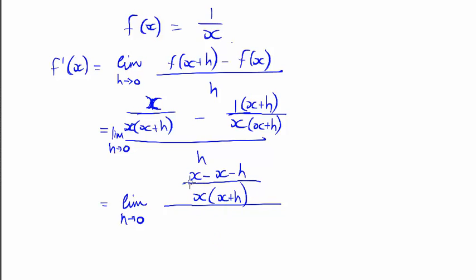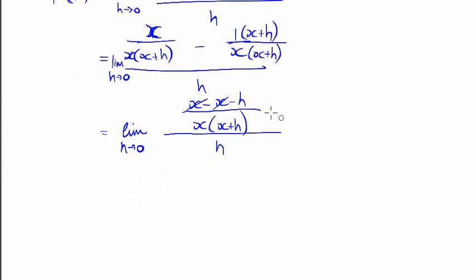And there you see once again, in my numerator, everything that doesn't have an h cancels out. x minus x, and I'm left with negative h. In the bottom, I'm left with h. Now, whenever we have a fraction divided by a fraction, one of my first students taught me the words tip and times.